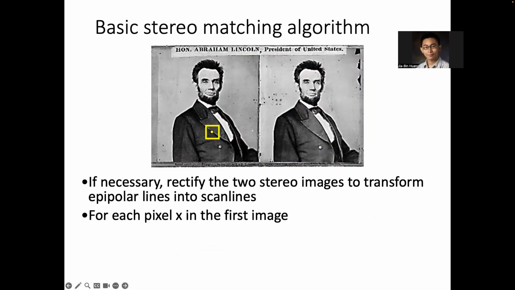So basically, we look at an image patch. By the way, this is an actual historical photo, back in the day, when we already had stereo cameras. We captured this scene in two photos. With that, you can take one patch on the left-hand side and determine the depth of this patch.